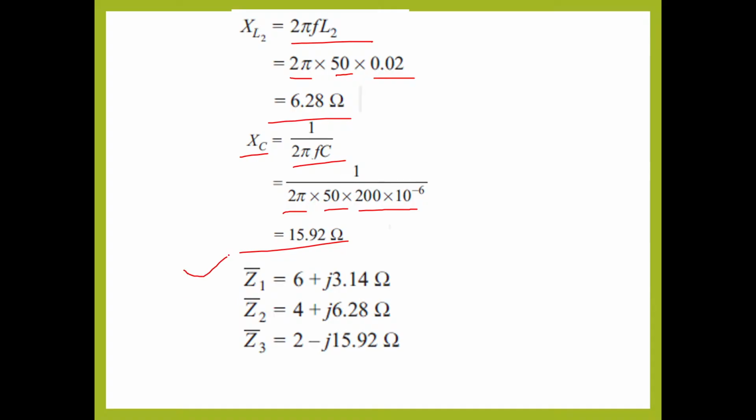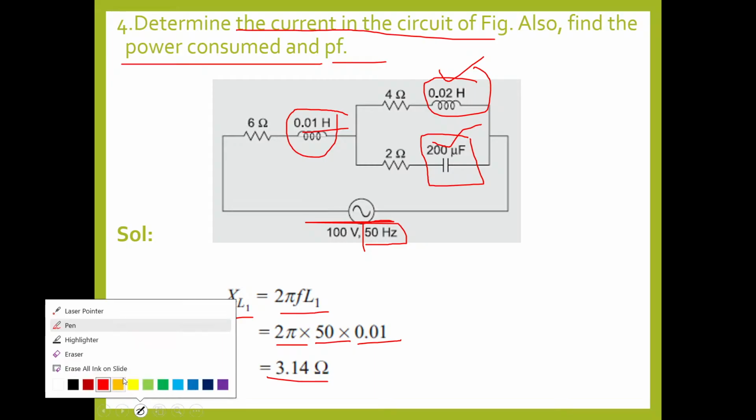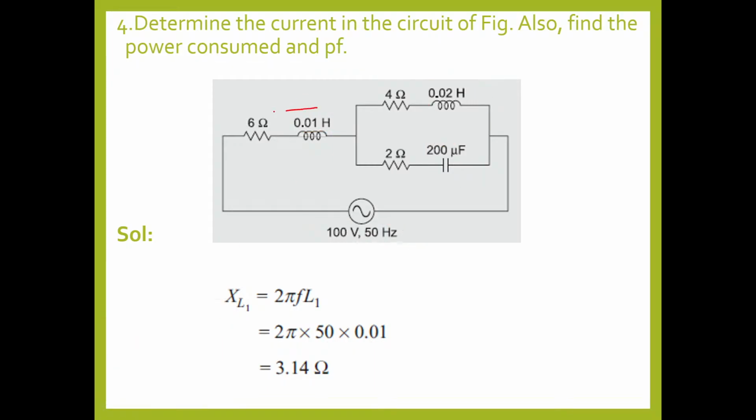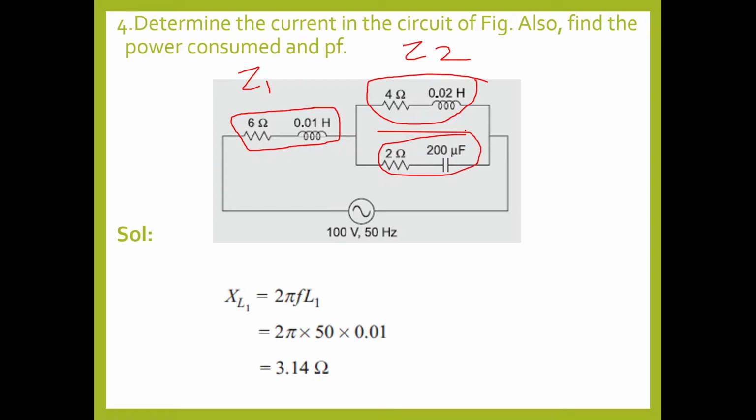Now determine the impedances. I will write Z1, Z2, Z3 so that it will be easy for you. The impedance of this branch is Z1, the impedance of this branch is Z2, and the impedance of this branch is Z3. Three branches are there, Z1, Z2 and Z3.